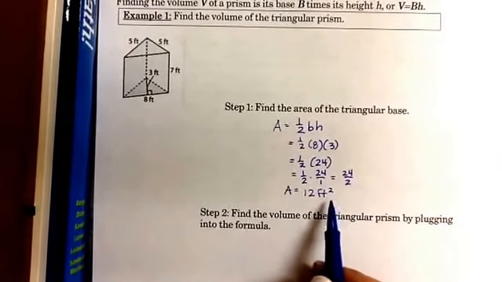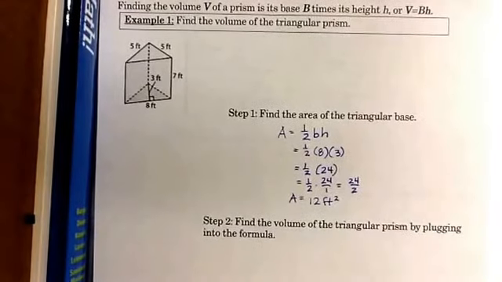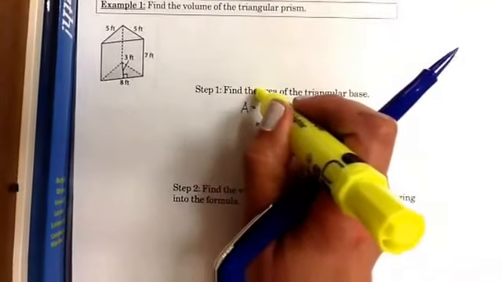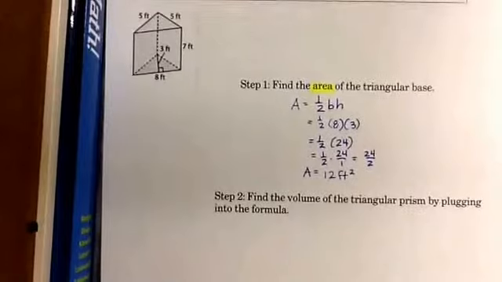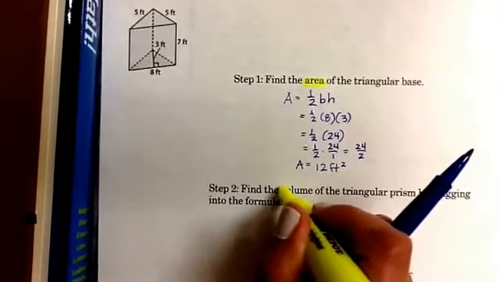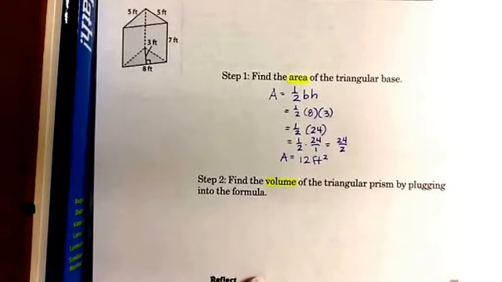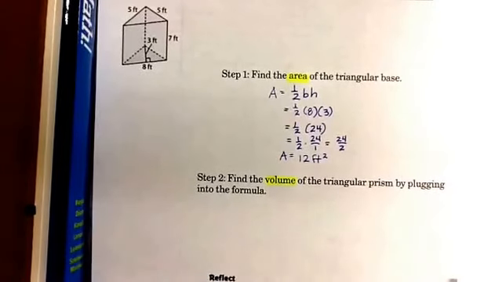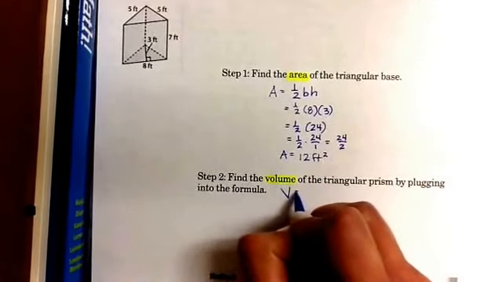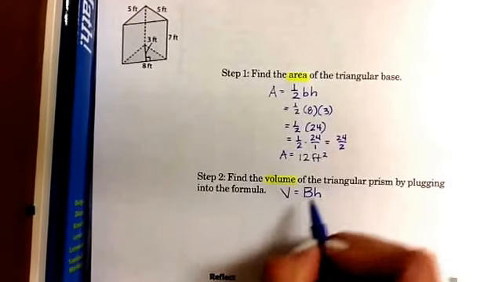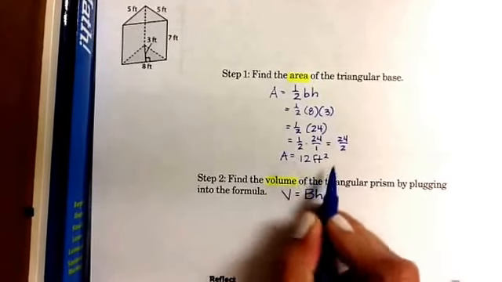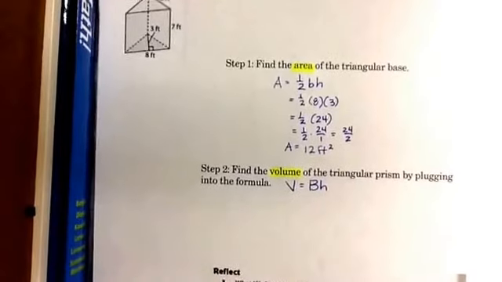Since we're talking about area, remember that that's still in units squared. Now step 2 is asking us to find the volume of the triangular prism by plugging into the formula. So always start with your formula. V equals, the capital B stands for the area of the base, which is what we just found, the 12.